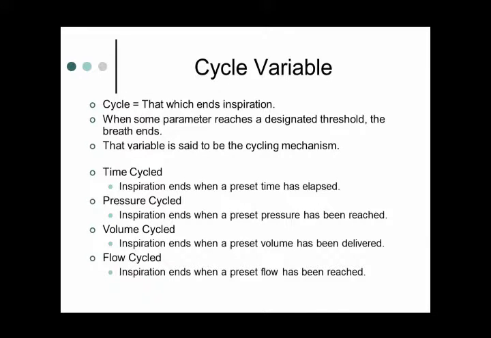Volume cycled, when a preset volume has been delivered. And flow cycled, when a certain flow criterion has been reached. These will all make more sense when we start talking about the different breath types, because it's going to make a difference.